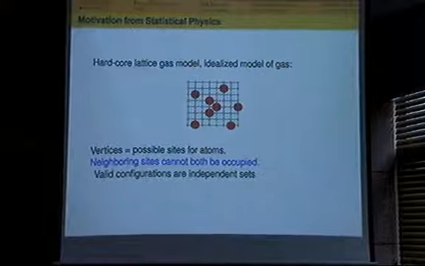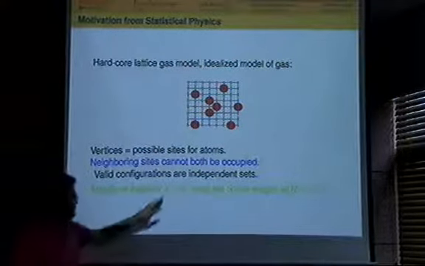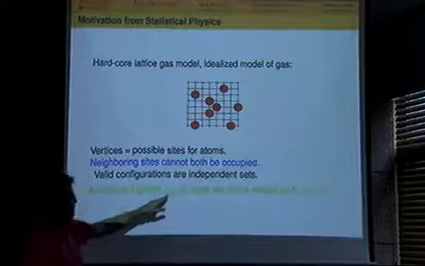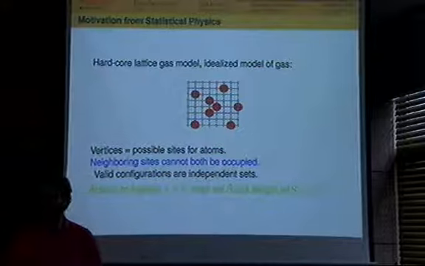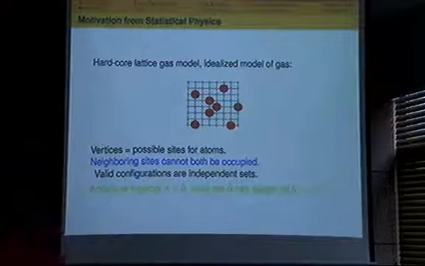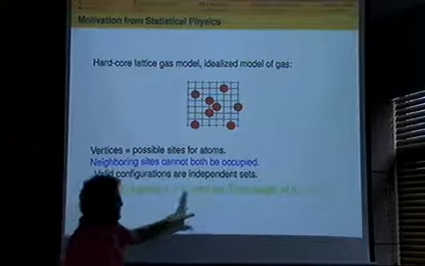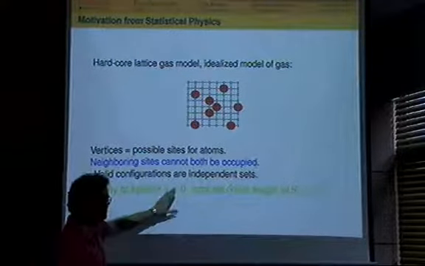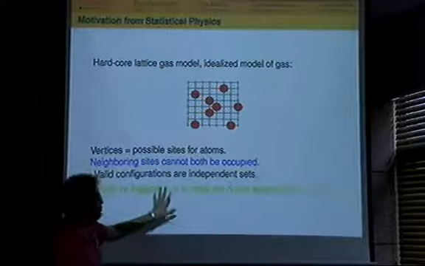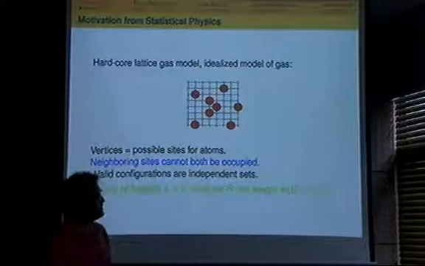Okay? Now there's a parameter, a positive parameter lambda, which is the fugacity of the gas. I have no idea what that means, but it sounds impressive. Maybe if you understand physics, you know what it means. It's sort of like the density, as far as I can tell. So this lambda controls the typical density of the independent set.